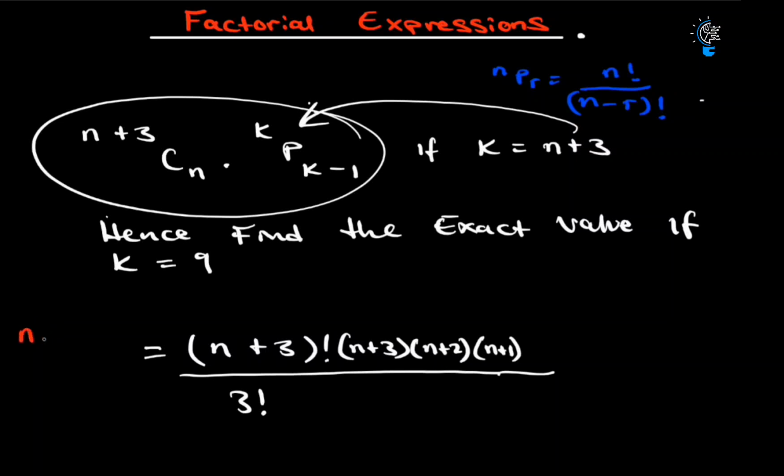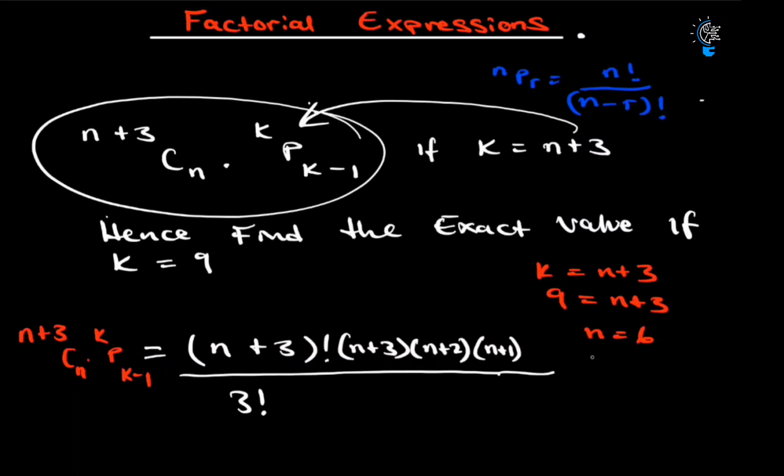So we know that this part is as a result of evaluating this one. But this time we are told that k is equal to 9. So if k was equal to that and k is equal to 9, that will be equal to this, and n will be equal to 9 minus 3, which is a 6.